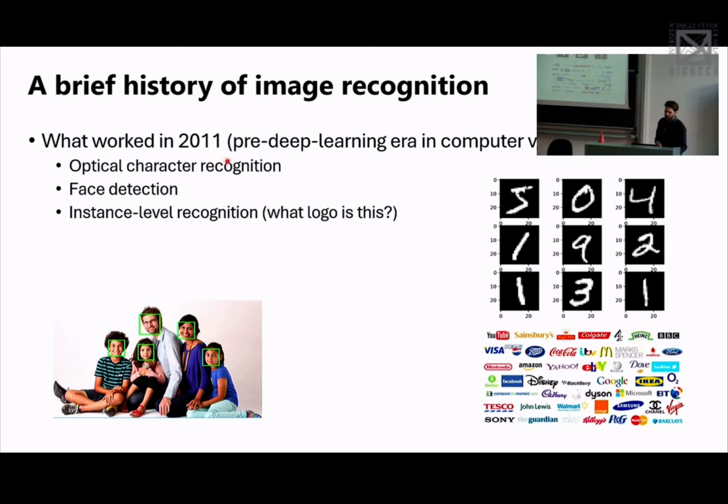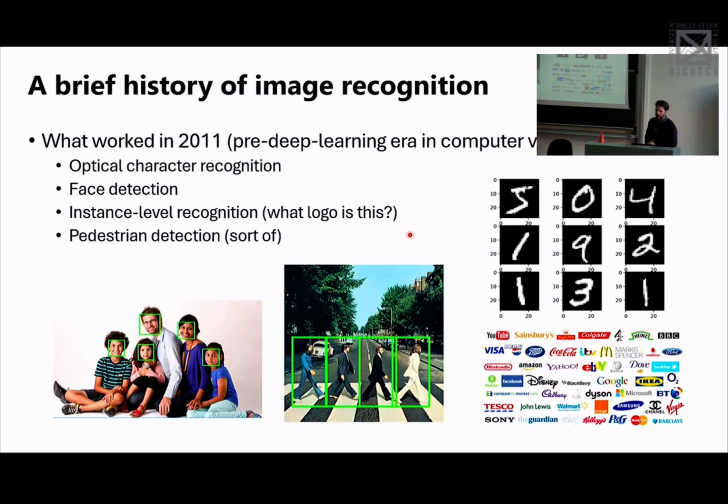And instance level recognition, like you have this logo and you want to recognize that that specific logo is present. And finally, the detection of pedestrians, kind of. And mostly that was about it, which kind of image recognition was possible before deep learning.